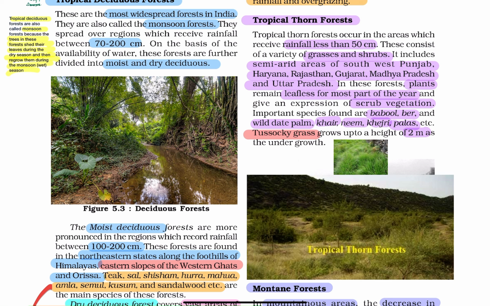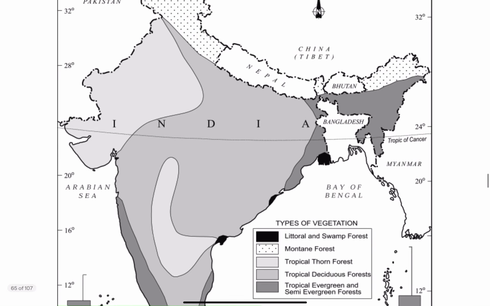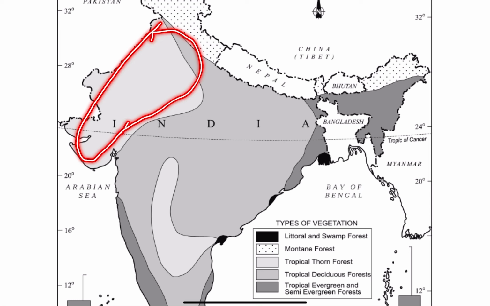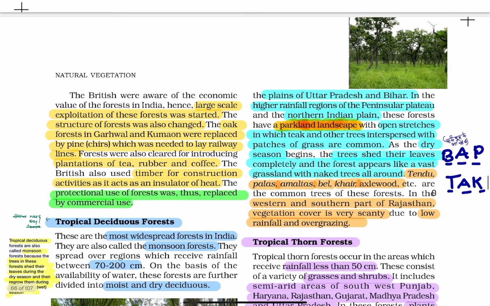So here, as you can see, they are found in the arid and semi-arid areas of the southwest, Punjab, Haryana, Rajasthan, Gujarat, MP, and UP. This covers almost a greater part of Rajasthan, even Gujarat, Maharashtra, Madhya Pradesh, UP, Punjab, and even Haryana.